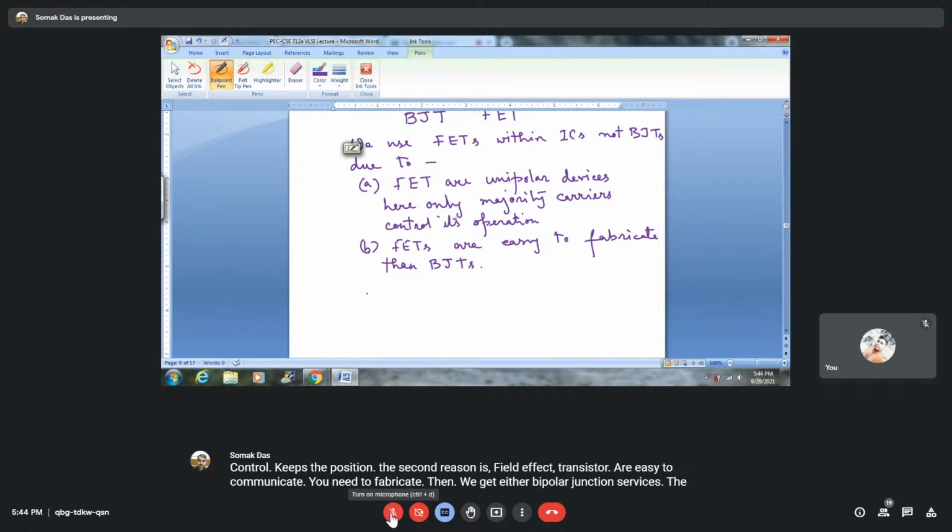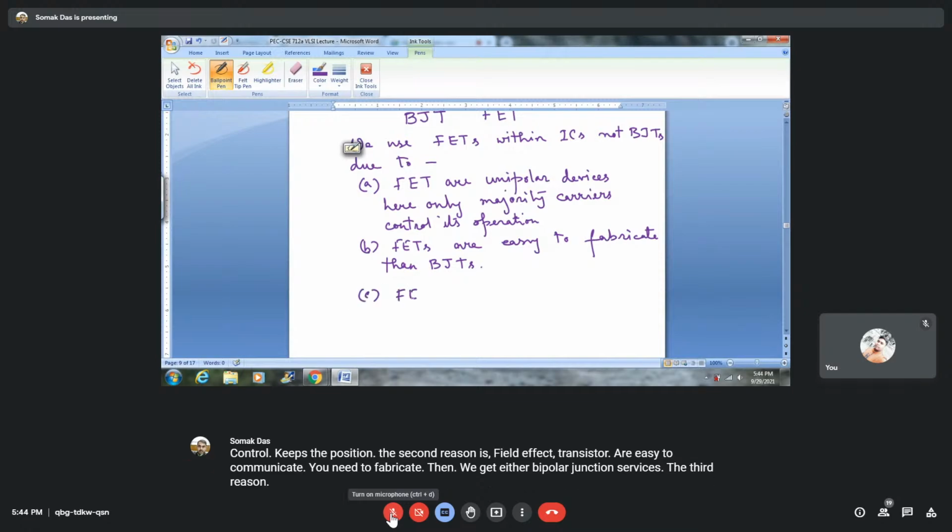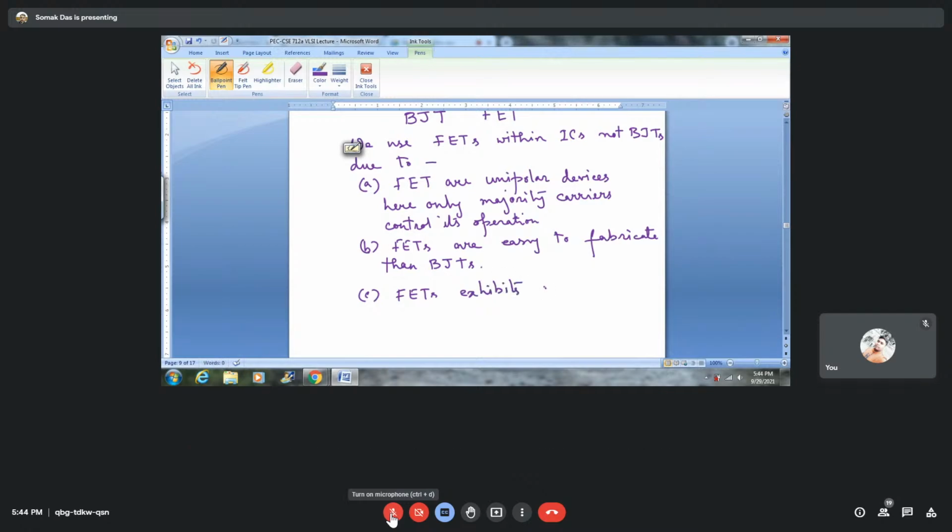The third reason, field effect transistors exhibit a high amount of input resistance, typically in mega ohms.